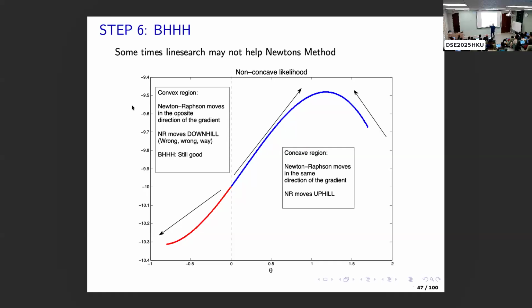Well, if you're using BHHH in this area, you're multiplying with the positive definite matrix, even though the function is in the convex area of a likelihood function, because you're essentially taking the matrix squared, right? It can't be negative. So that's an additional advantage. Even if you're in a convex area of a likelihood function, you don't move the wrong way.